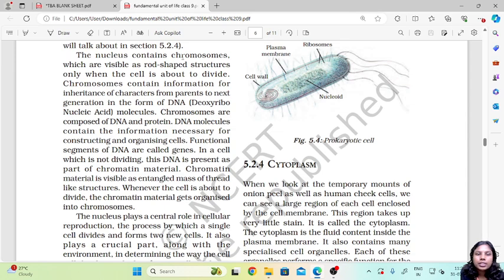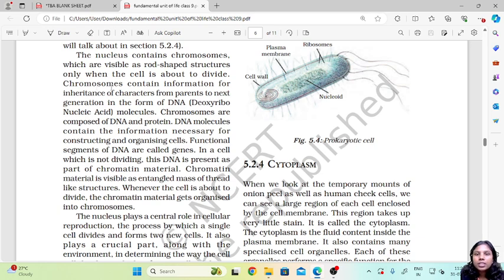Now the nucleus contains chromosomes, which are visible as rod shaped structures only when the cell is about to divide. These rod like structures only appear when the cell is about to get divided.